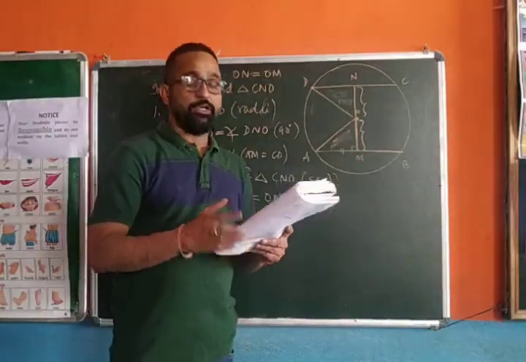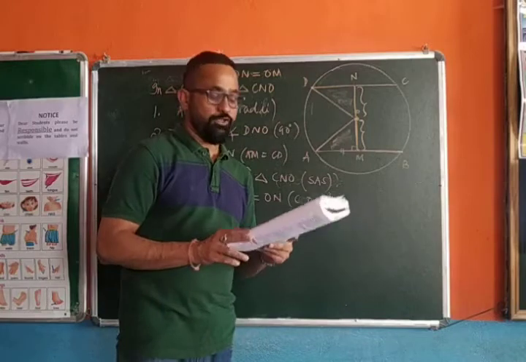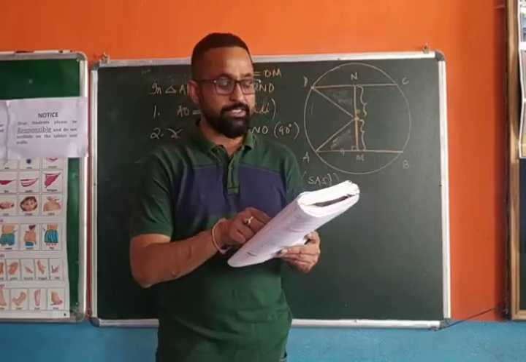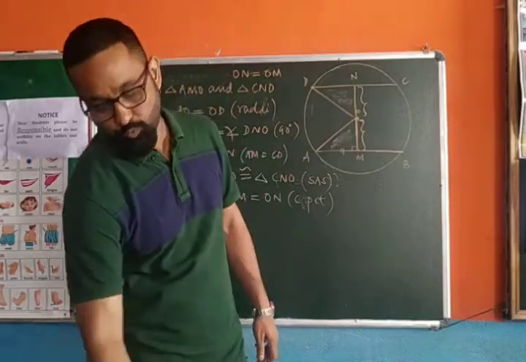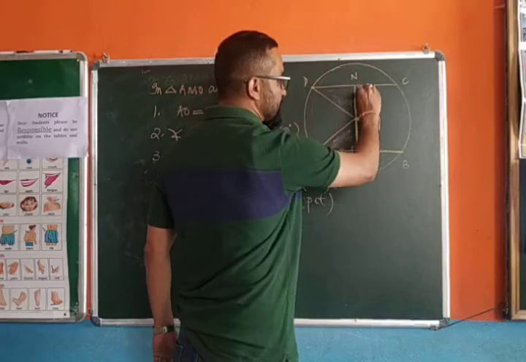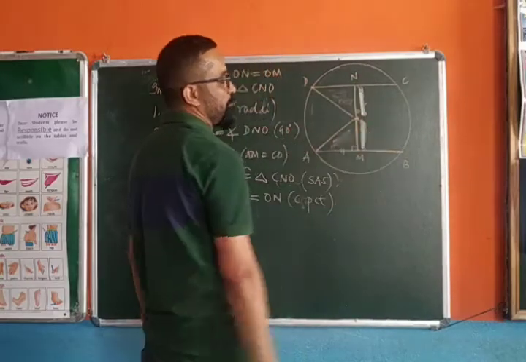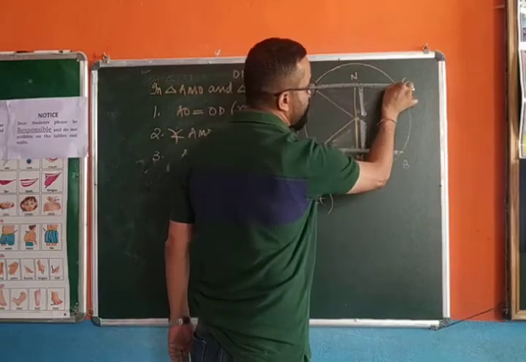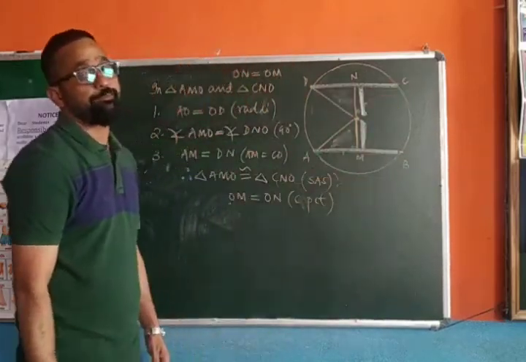Similarly, you have the converse of theorem 15.3. Chords of a circle that are equidistant from the center are equal. So if these two distances are equal, then the chords AB and CD will be equal in length.